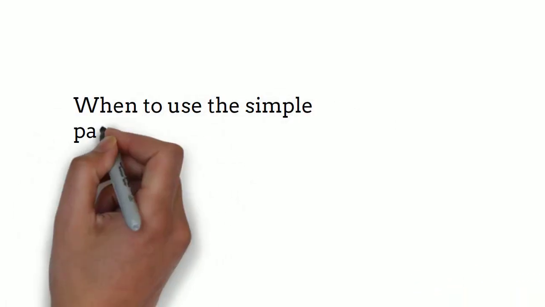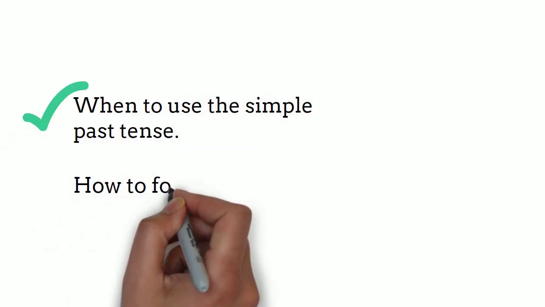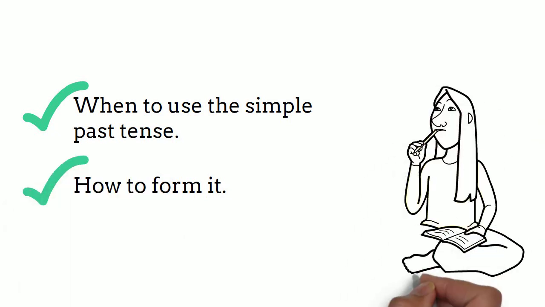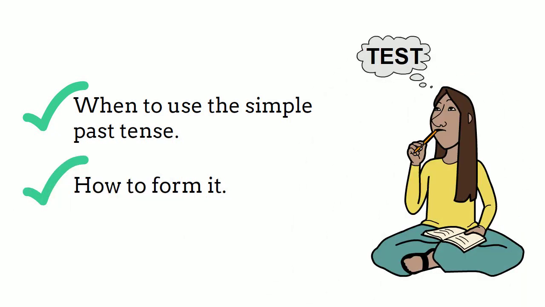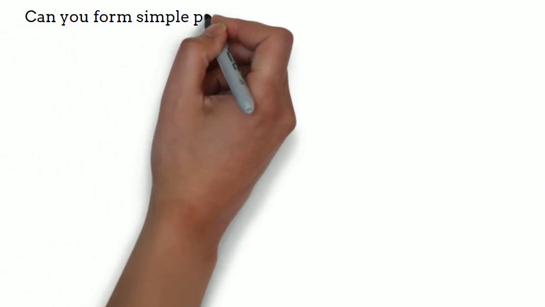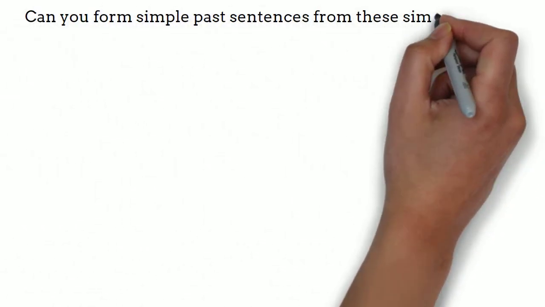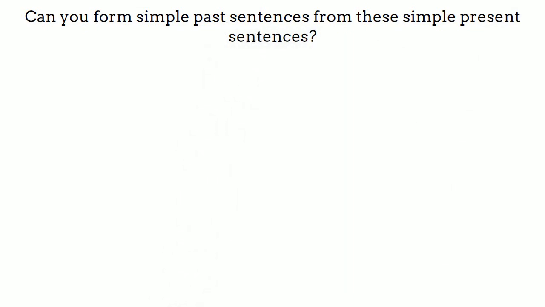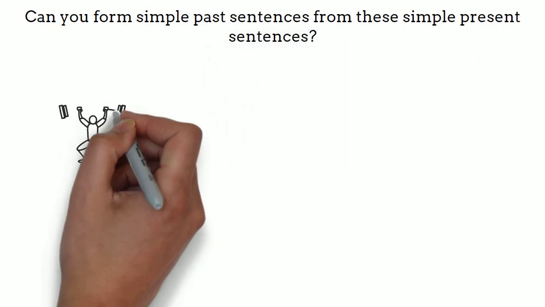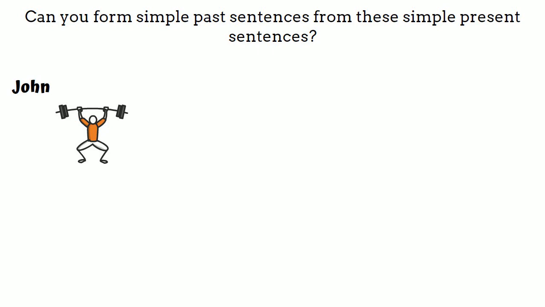Okay, now that we know when to use the simple past tense and how to form it, it is time for a test. Can you form simple past sentences from these simple present sentences? John goes to the gym.